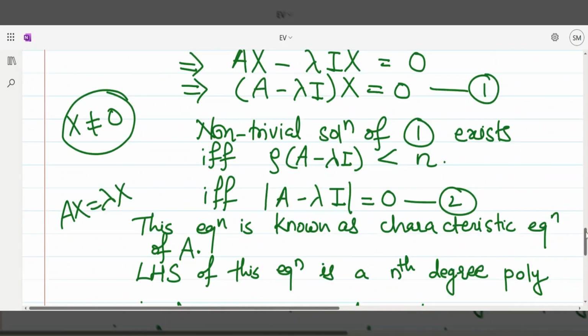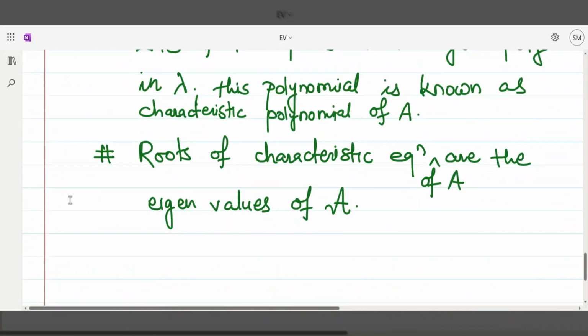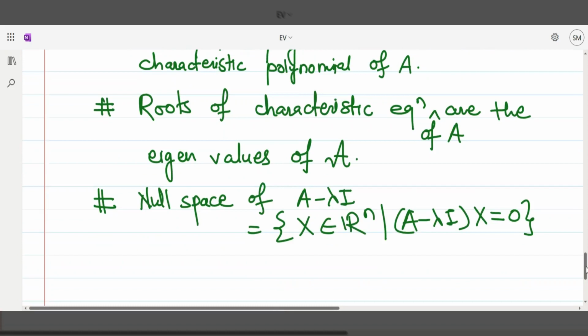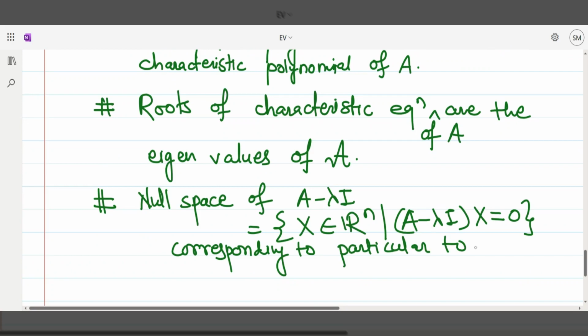So actually we are interested in finding the null space of A minus lambda I. The null space of A minus lambda I will be all x in Rn such that (A minus lambda I) x is equal to 0, corresponding to a particular value of the eigenvalue lambda.